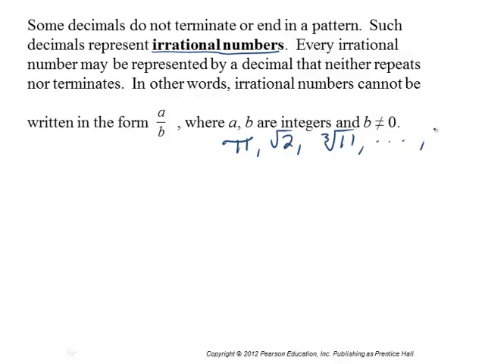Pi, e, which we'll encounter later in the course. Phi. There's lots and lots of irrational numbers. In fact, it turns out that even though there's an infinite number of rational numbers, the sort of infinitude for the number of irrational numbers is actually at a higher level. Yes, there are different types of infinity when it comes to counting.